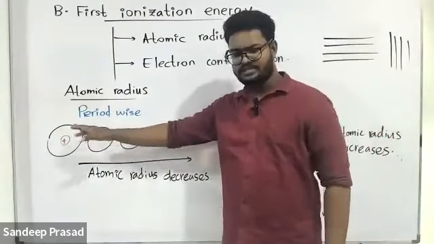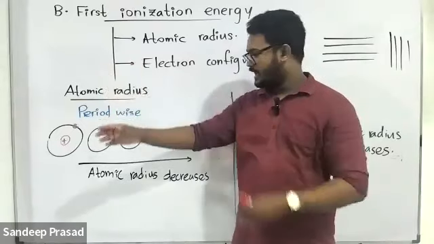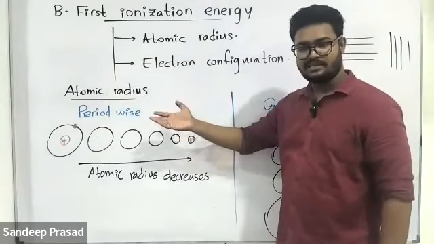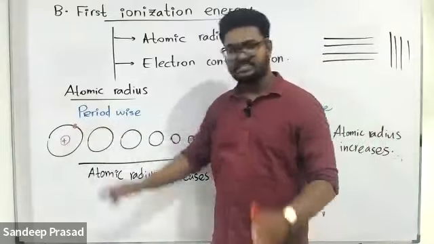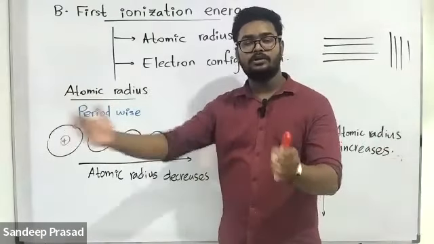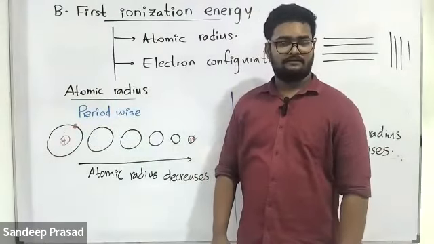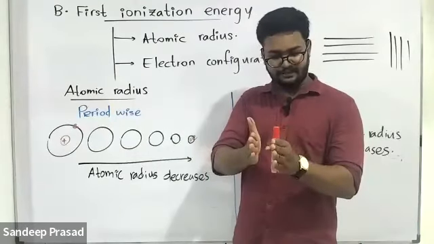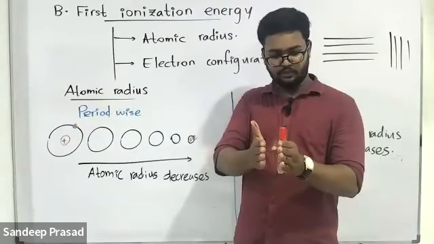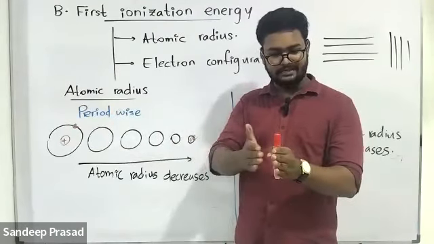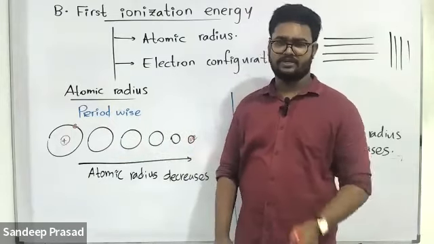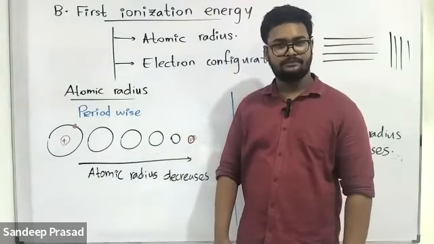Actually, the radius means the distance between the nucleus and the outermost electron, right? If the distance is reducing, that electron is closer to the nucleus, and you can't remove that electron from that atom. Very difficult. Can you understand?